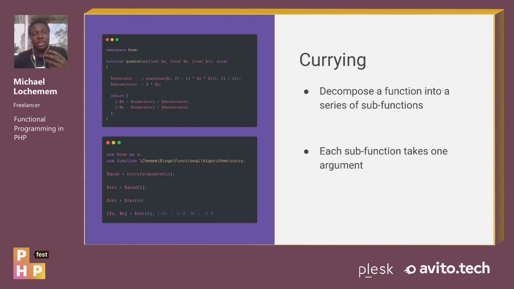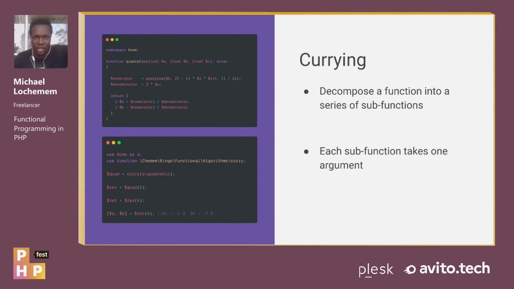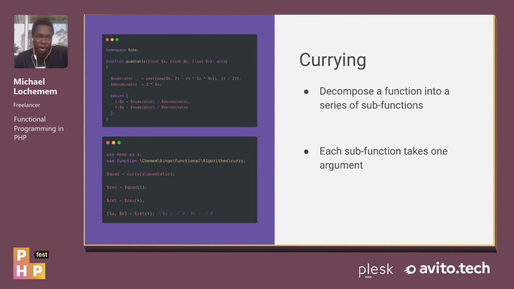Like currying. Basically, currying allows you to decompose a function into a series of subfunctions, right? The thing about currying is it is great for deferred function calls. So if at one point in your program you have one argument, say a function that takes, in this case, 3 arguments, a simple quadratic, and at another point I have another argument, and then at the end of some function call I have the third argument, then I can pass that.